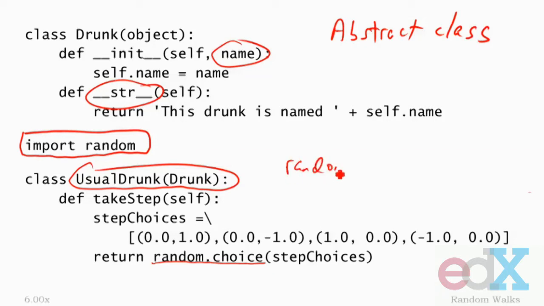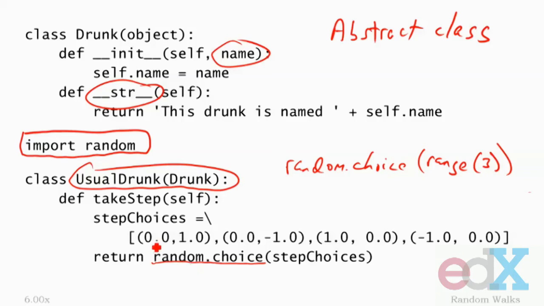So for example, if I were to look at something like random.choice of range 3, it would at random return an integer in the range, what? 0 to 2, because we know that's the sequence that range 3 generates. Here, it will return a random element of step choices, which we define to be a list of tuples corresponding to the steps in the north, south, east, and west direction.